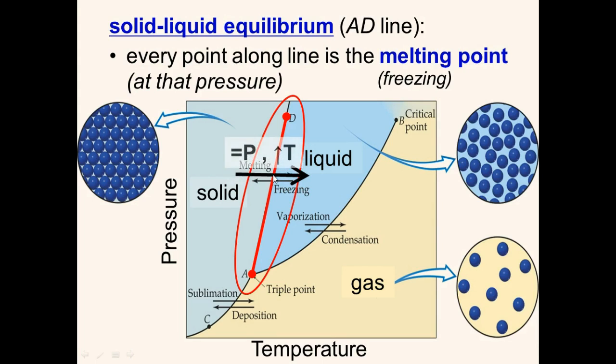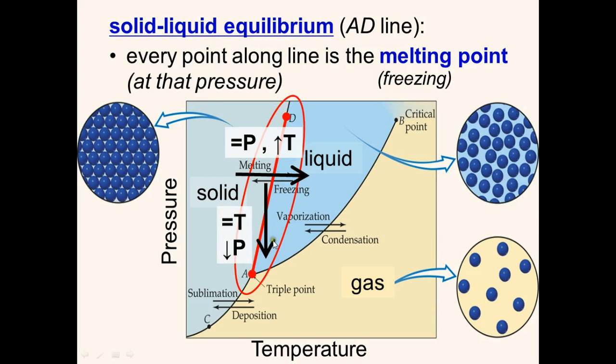So notice how again, if we keep the pressure the same, we just increase temperature to get it from solid to liquid. If you think about it, if we heat up the solid, the particles move faster and become a liquid, a little bit more loose. And then if we keep the temperature the same, we just decrease pressure.